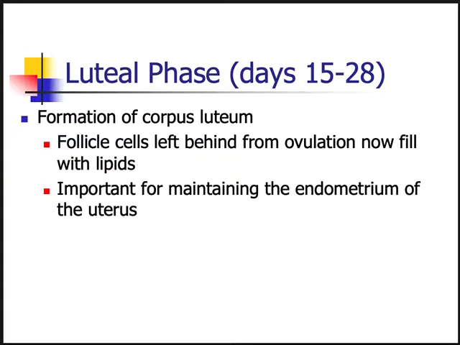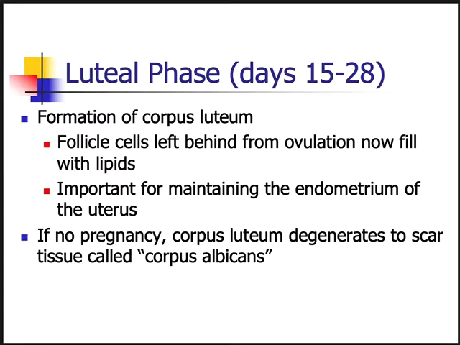It's going to turn into the corpus luteum, and its main role is to maintain the endometrium of the uterus to be thick and ready for implantation in pregnancy. Okay. If no pregnancy, then the corpus luteum will degenerate and become scar tissue called corpus albicans, which slowly breaks down over time as well.